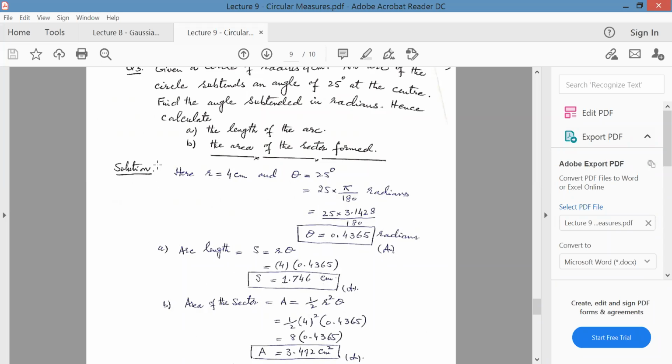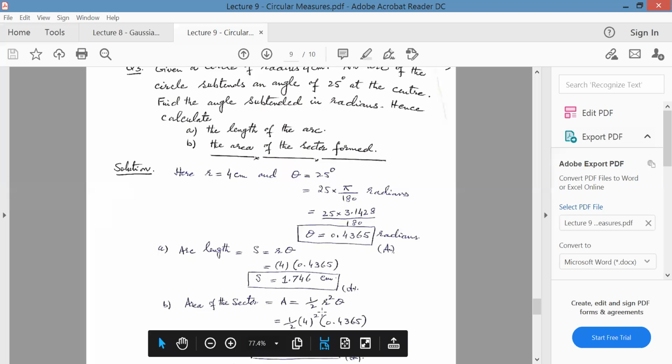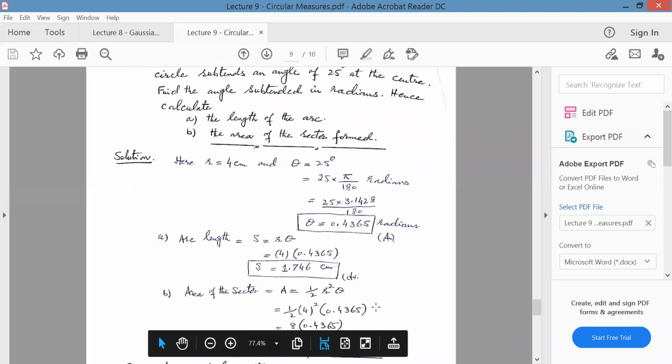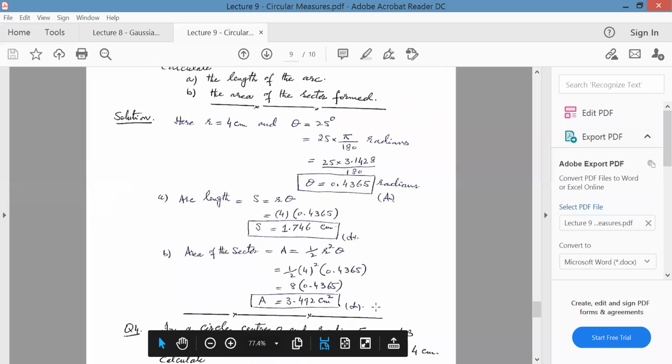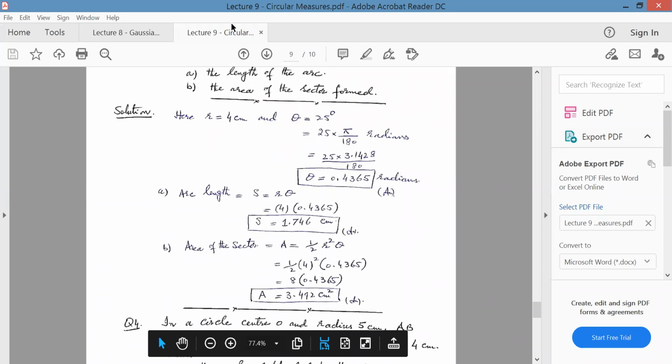Very simple. And for part B, the area of the sector formed, which is from OAB, okay, with the curved line. So area of the sector, you know the formula half r square theta. Put all the information you know. Your r square will be 4 square, 4 square is 16.